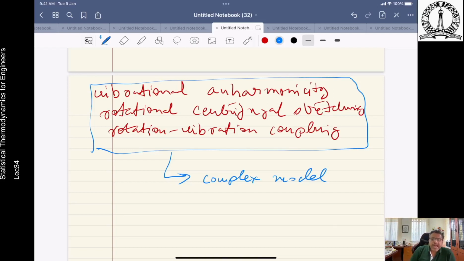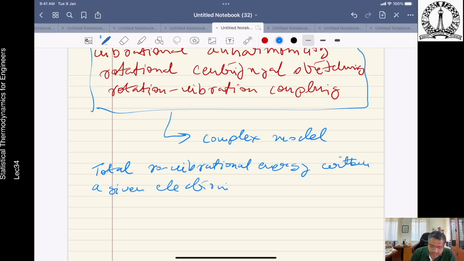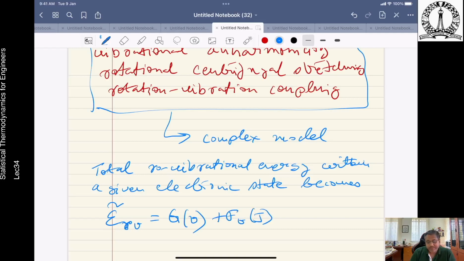Pursuing this avenue, the total ro-vibrational energy within a given electronic state becomes E_RV equal to G(V) plus F(V,J).